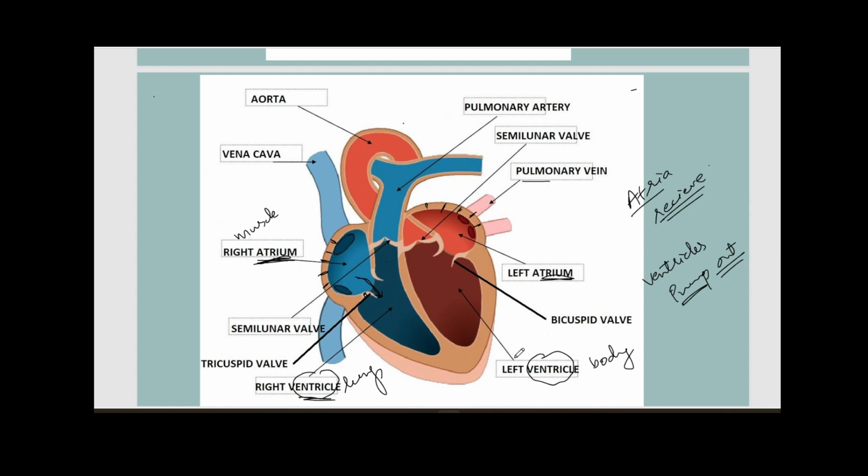So they need more muscles in their walls so that when the muscles contract, a greater force, a greater pressure can be generated. But the right ventricle pumps the blood to the lungs which are close to the heart, so there is no need to generate a lot of pressure. But the left ventricle has to pump the blood to the entire body, to all the extremities of the body. So the left ventricle needs to generate the greatest pressure.